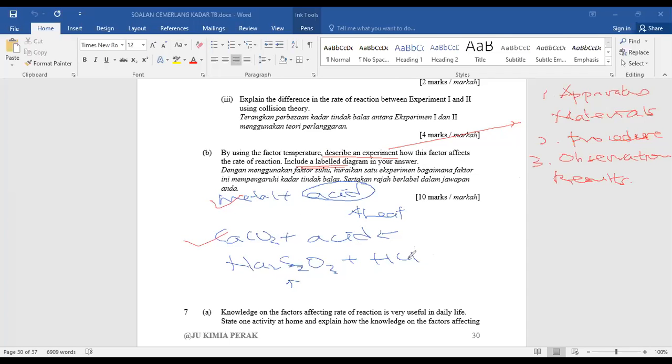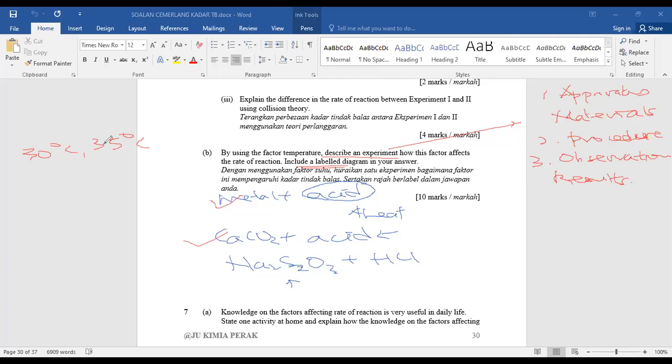Now, I want to remind you about the temperature that you can use. Let's say I am using the sodium thiosulfate solution. At first, you are going to use 30 degrees Celsius. You heat the solution to 30 degrees Celsius, then you repeat your experiment.